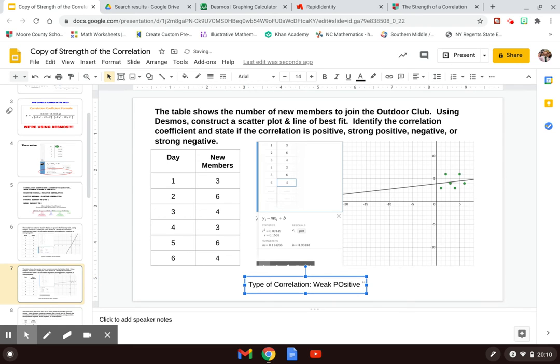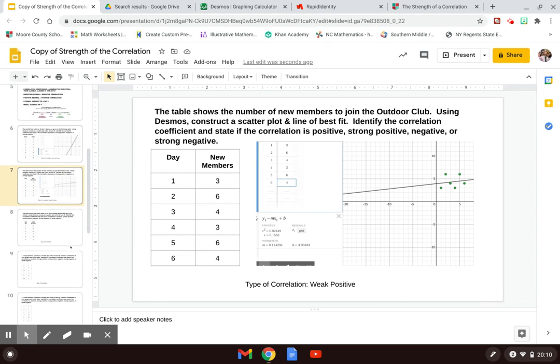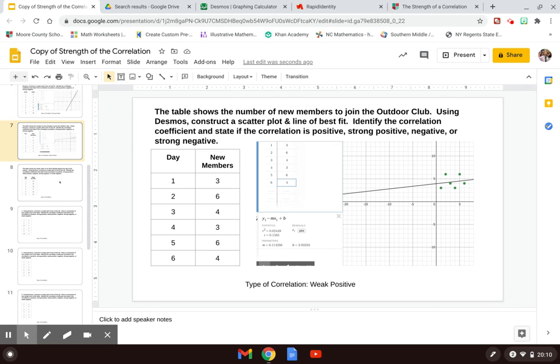And I'm basing that not only just on how it looks, that the data is not close to my line of best fit, but also based on where that correlation coefficient falls on the scale, that it's closer to 0. So because that is closer to 0 at 0.1565, I'm going to say that is a weak positive correlation.